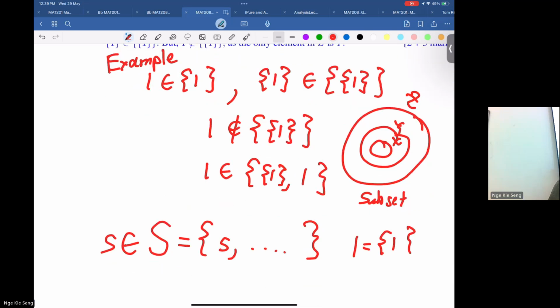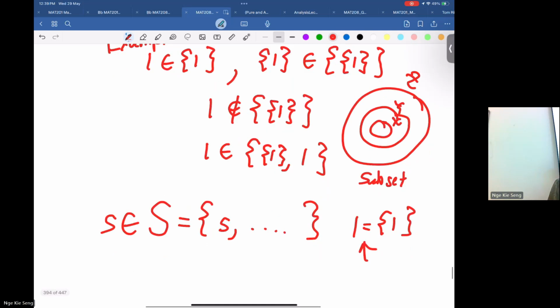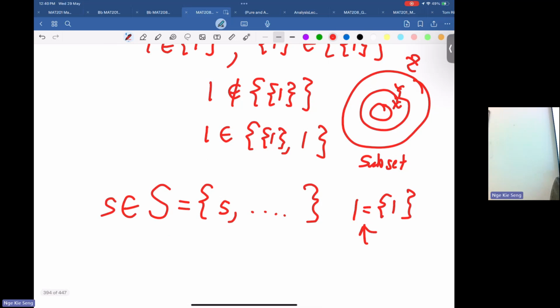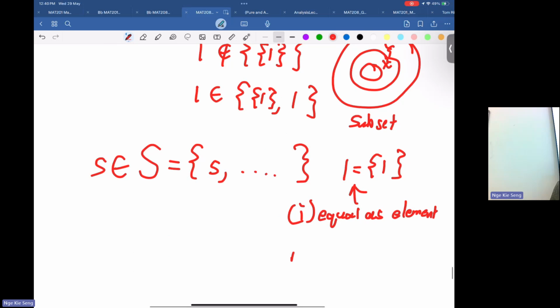Like this. Here, right, like this. So what is this equality here? Equal as what? Equal as set? Equal as element? They're different equalities. Okay. So if equal as element, let's consider 1 and the set {1}.